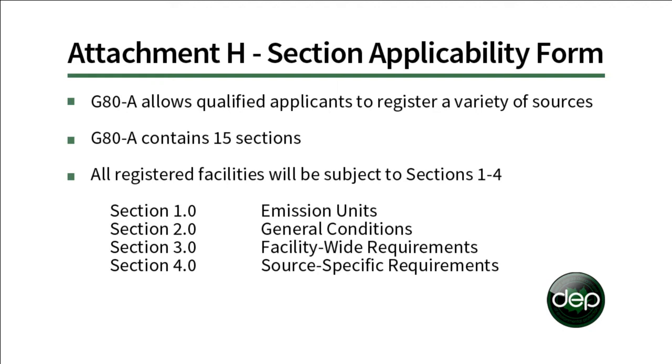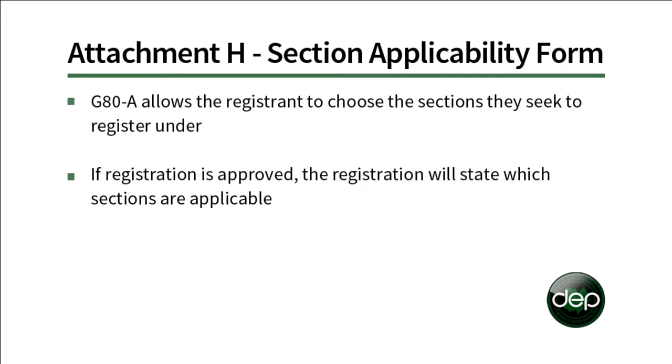And like I said earlier, this permit allows you to apply for the sections that you'd like to register under. And if after review of the application we determine that all the requirements are met, a registration will be issued to the company, and it will state the sections that are applicable in the registration form.